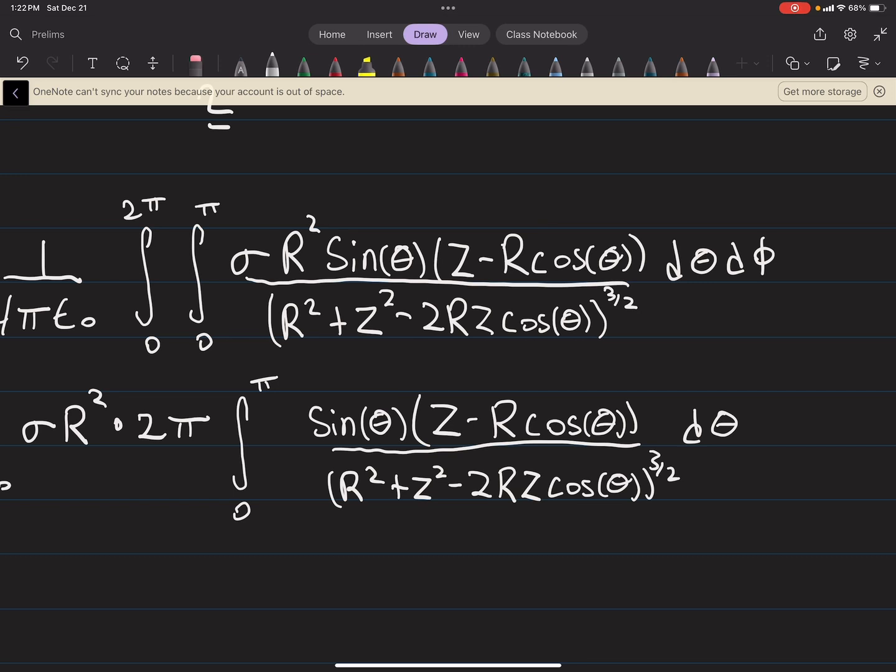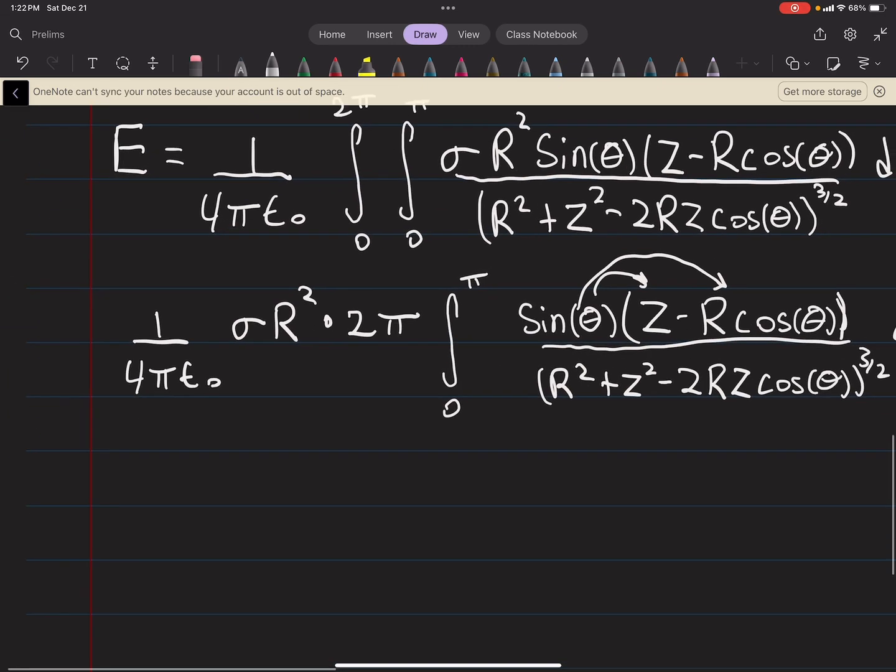At this point, I would just plug this into an integral calculator. If I had to solve this, I would distribute this sine theta term, break it up as two integrals. My guess is because of this 3/2 in the bottom, you might get stuck with some sort of trig integral. Maybe you could do some sort of u substitution to make it a little nicer, but it's just unnecessary.